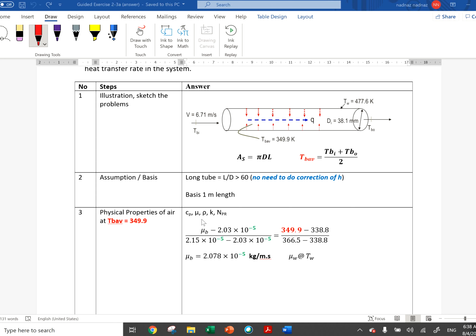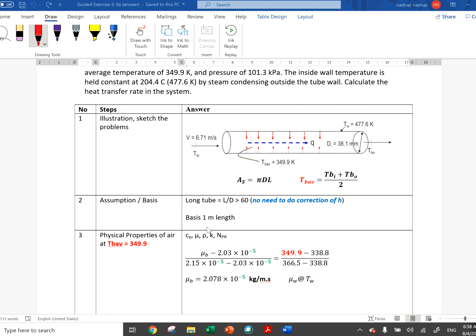Now since this is the viscosity calculated at the bulk temperature, I have mu B as the subscript. You will see that mu B is only needed for internal flow. For external flow, we only have mu without any subscript.